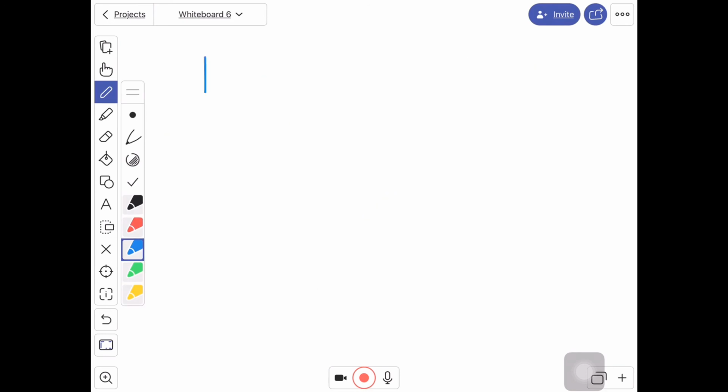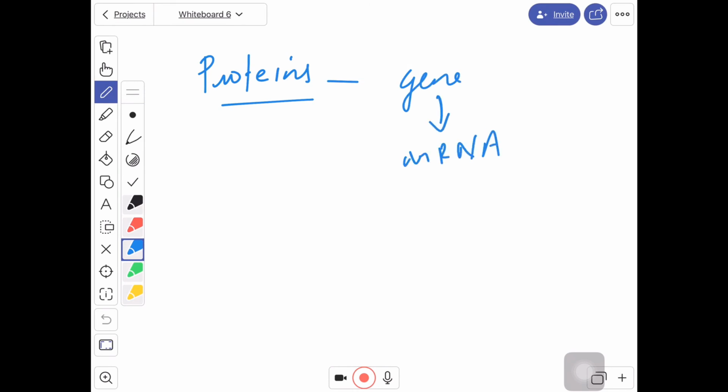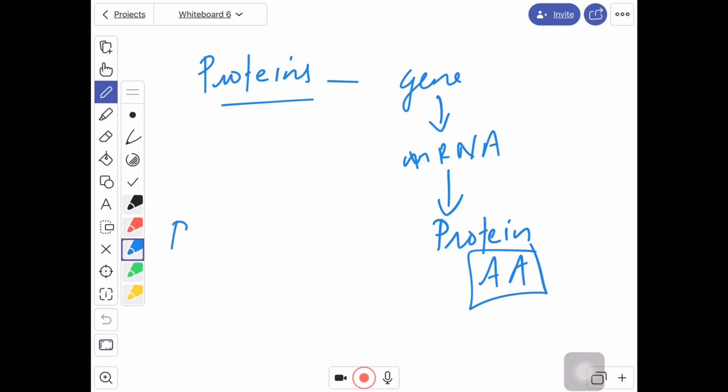Then we can have information about proteins. If you have gene sequences, you can find the mRNA, and you can find the corresponding proteins or amino acid sequence. You can predict by using software. Then you can also have information on regulatory sequences.